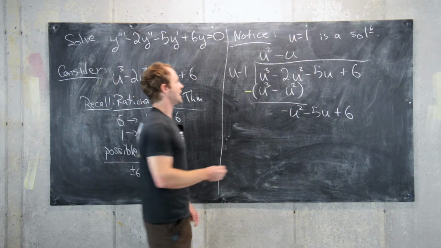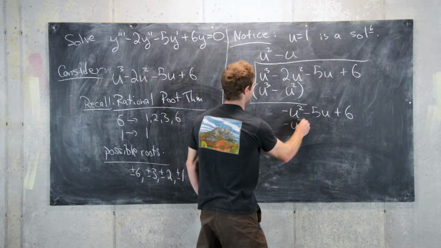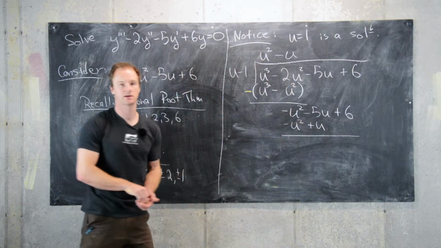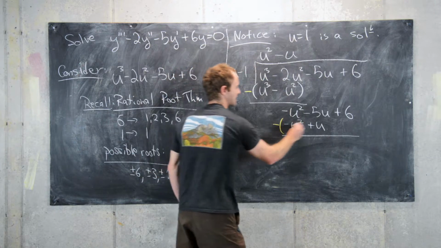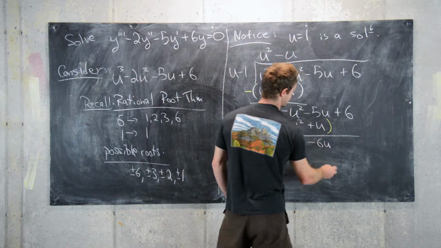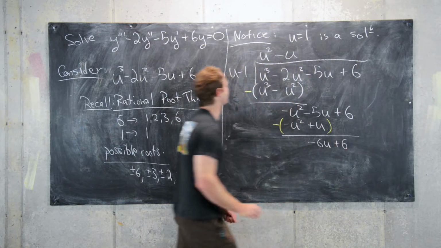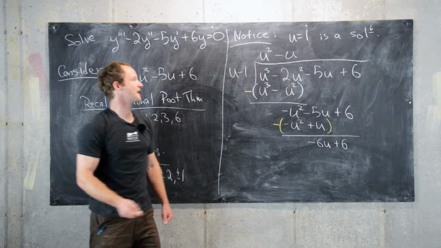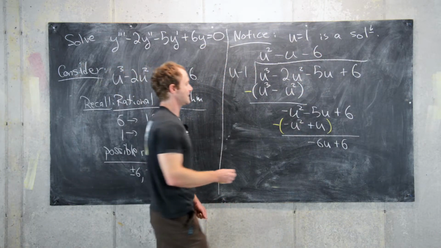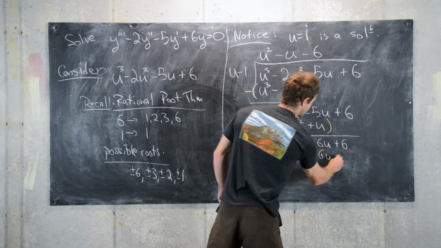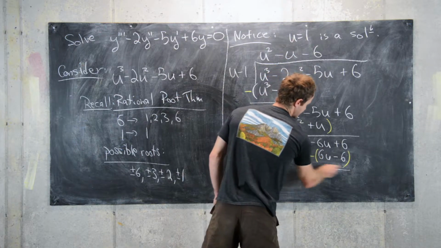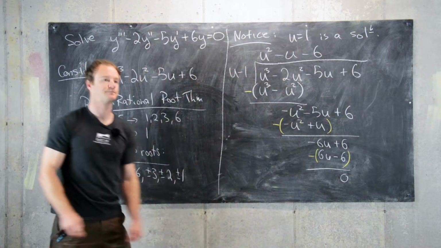So that'll give us negative u squared plus u. Now we can subtract this whole thing, and that'll give us minus 6u plus 6. Then finally, negative 6 will end it all off, and that'll give us negative 6u plus 6, and when we subtract that, we get a remainder of 0.